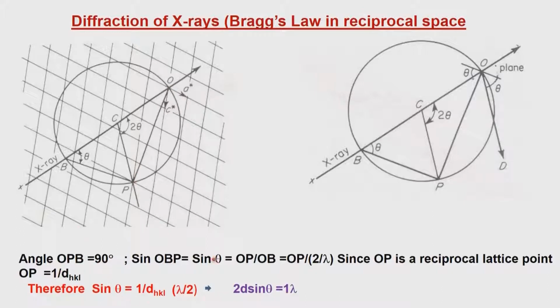Therefore, we can write sin theta as equal to 1 divided by d of HKL, which is OP, divided by 2 divided by lambda. It can be written with a multiplication factor lambda by 2. So, this gives rise to 2d sin theta equals lambda. So, you therefore derive Bragg's law in reciprocal space in the following way.